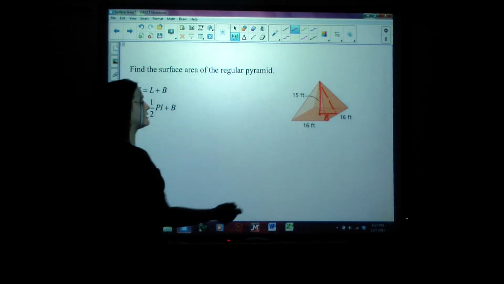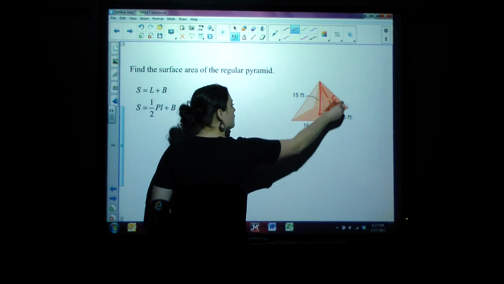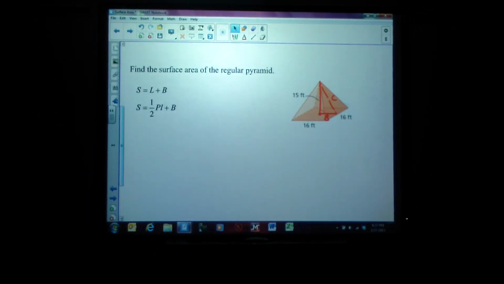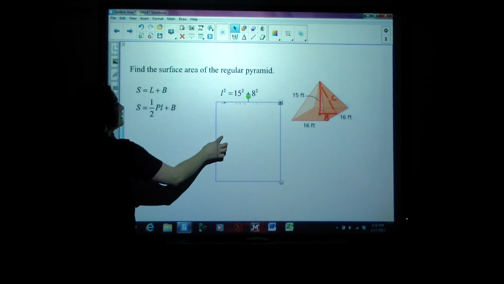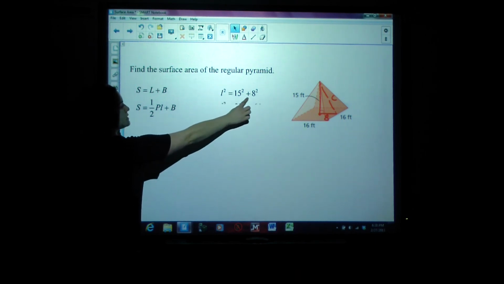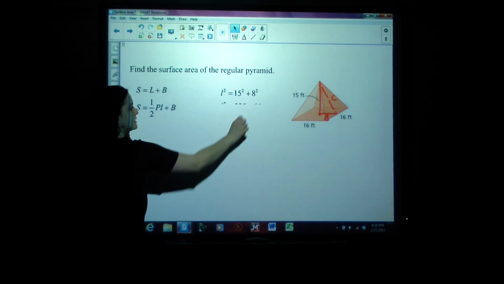Well, what is that third side? Notice the third side is across from the right angle, and therefore it's the hypotenuse of that right triangle. So we're going to use a squared plus b squared equals c squared in order to find out that slant height. So our slant height squared equals 15 squared plus 8 squared.